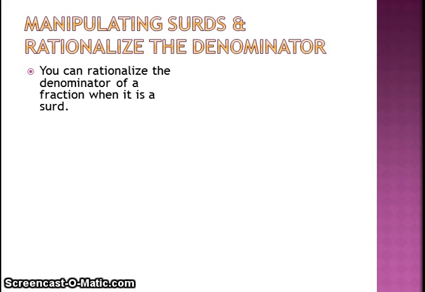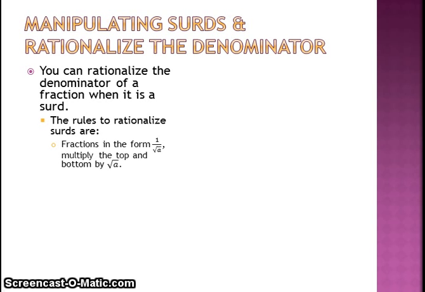You can rationalize the denominator of a fraction when it is a surd. The rules to rationalize surds are: if you have a fraction in the form of 1 over square root a, just a single term in the denominator, you can multiply the top and the bottom by square root a. If you have a fraction in the form of 1 over a plus square root b, you can multiply the top and the bottom by a minus square root b.